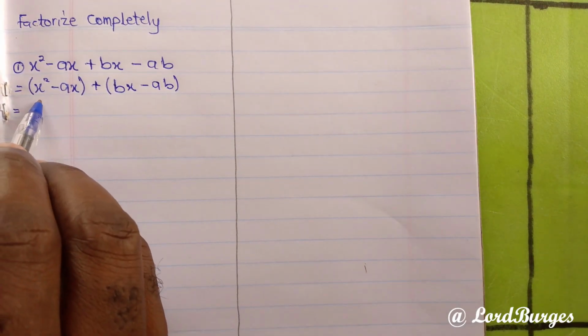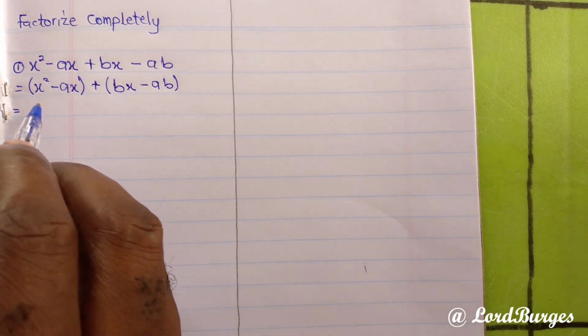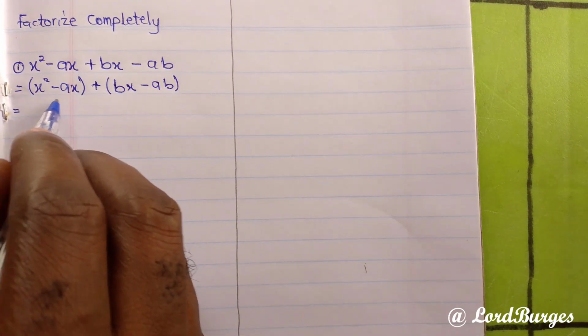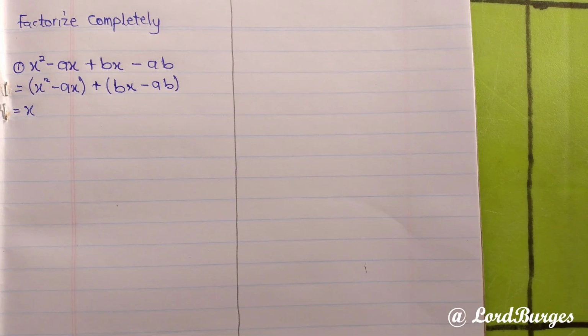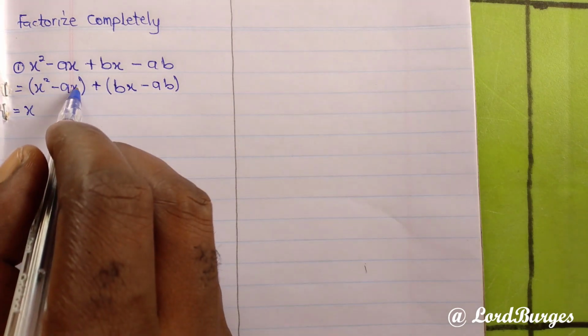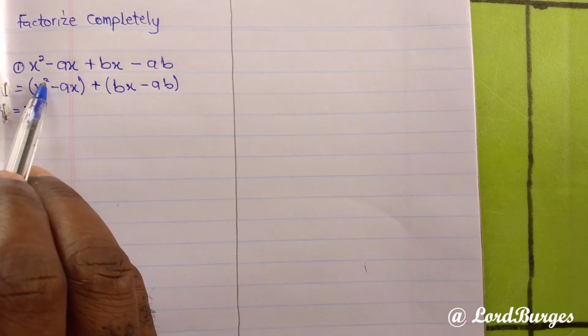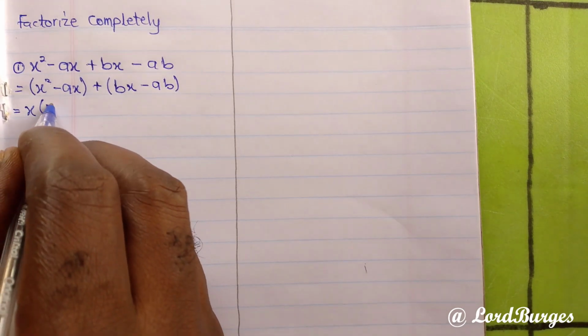So now I'll solve this as a type 1 factorization, where what is common among this is the x, which is common from our previous lesson. You realize that you choose the one with the smallest power. So the x over here are 2, but I've taken one out, so it is left with one of the x.